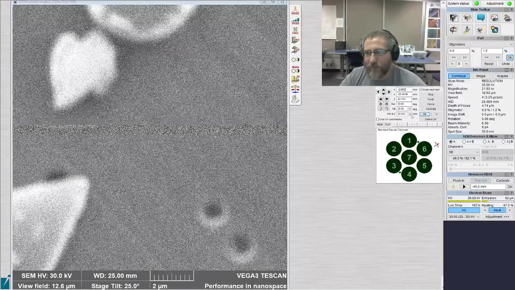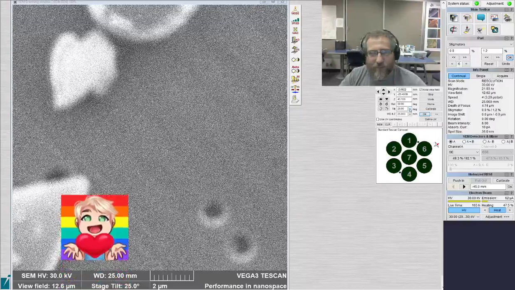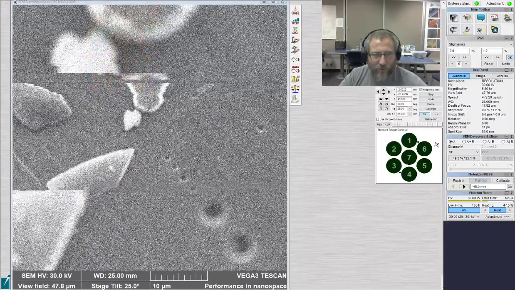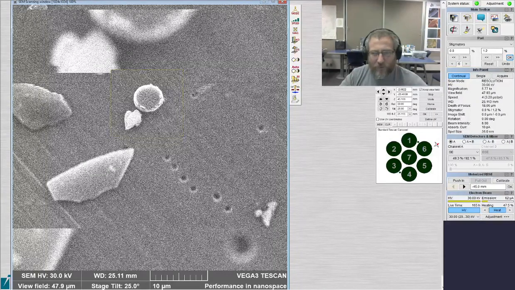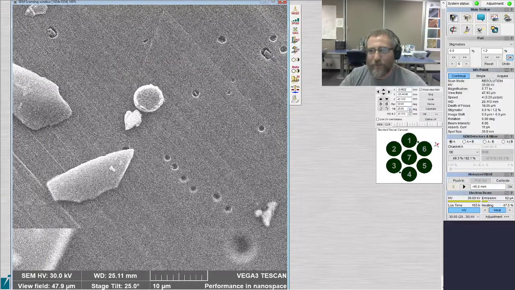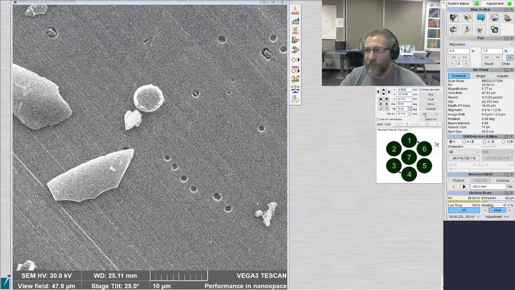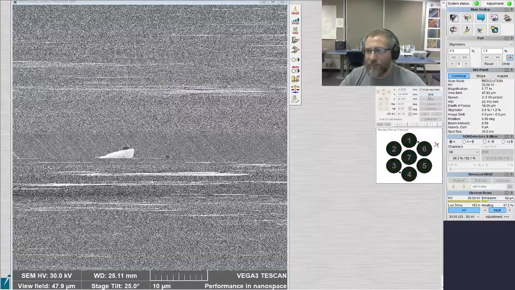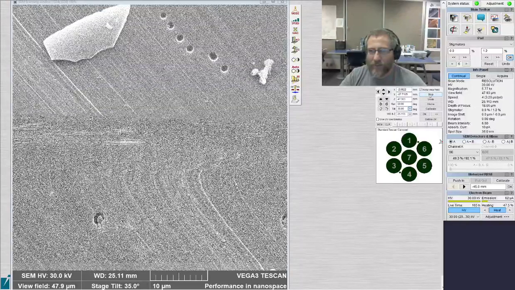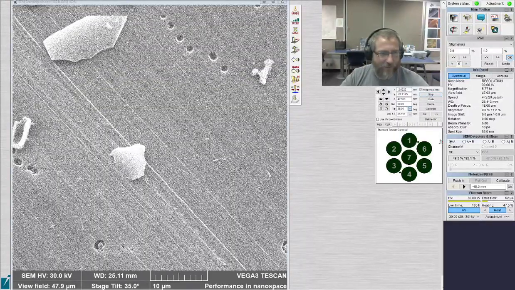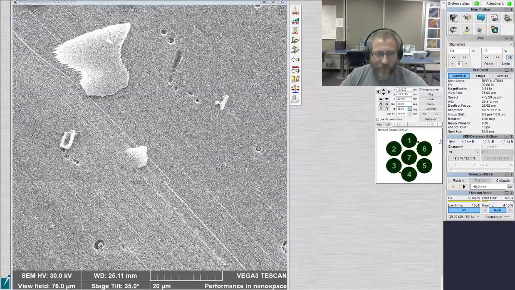Give it a shot. It's easier to do when I don't have the whole carousel on here. Good working distance on this thing.